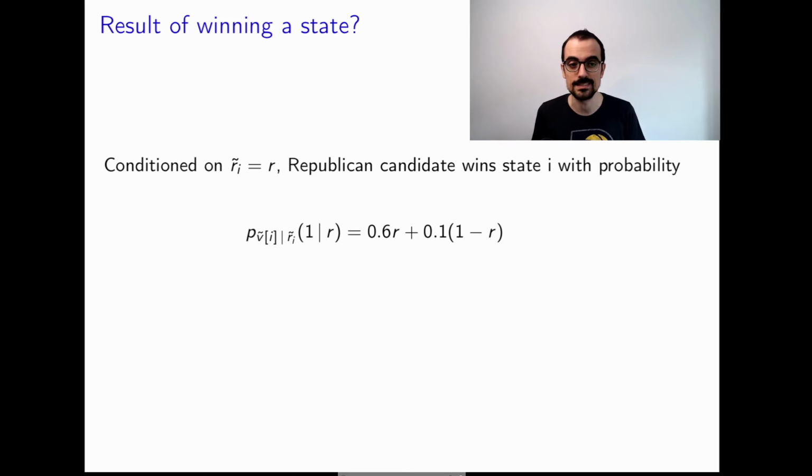We want the probability that the Republican candidate actually wins that state. So here we have a conditional of a discrete random variable given a continuous random variable, and we know the marginal distribution of the continuous random variable is just uniform between 0 and 1. How do we compute the marginal of the discrete random variable?